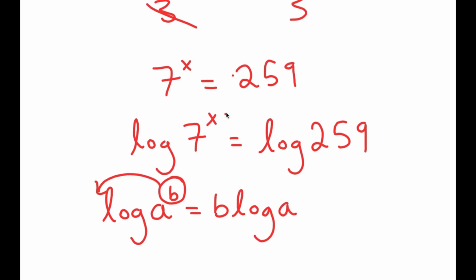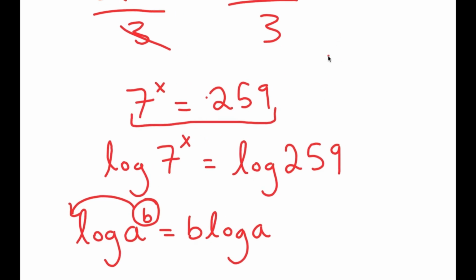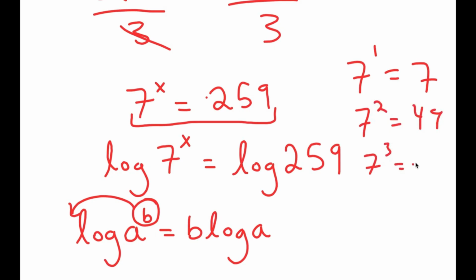And the reason this property is so useful is because right now, as it is, 7 to the power of x equals 259. Well, 7 to the power of 1 is 7, 7 to the power of 2 is 49, and 7 to the power of 3 is 343. So x is going to be somewhere in between 2 and 3, but we don't know the exact value of x, and we can't solve for it as an exponent.